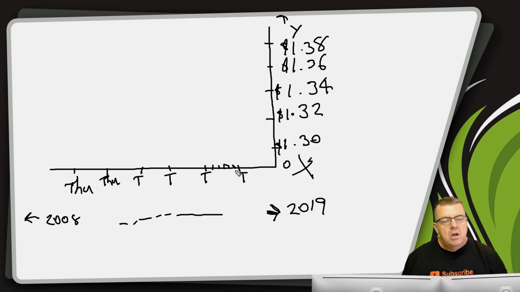Now, to plot the prices of what I've paid for fuel on this chart, I know that the most recent day that I fueled up the car on Thursday, I paid $1.38. So where the X and the Y lines intersect one with another, I'm going to put a little dot, because I know that that was how much I paid for petrol on that day. The week before, let's just say I paid $1.34.